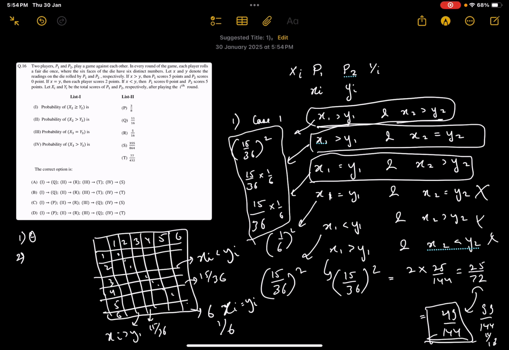Or let's add these anyway: this is 5 by 12 squared, which is 25 by 144, plus this is 5 by 12 into 1 by 6, which is 5 by 72, and this also 5 by 72. So this becomes 5 by 16. So 2 is mapped to R.